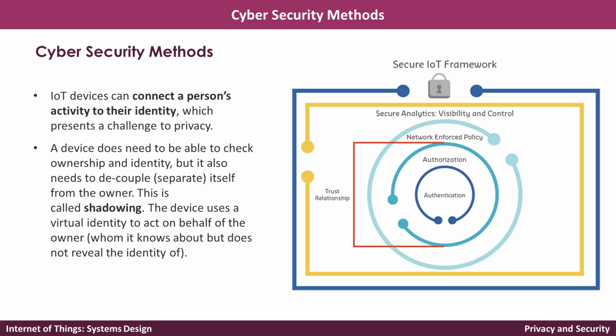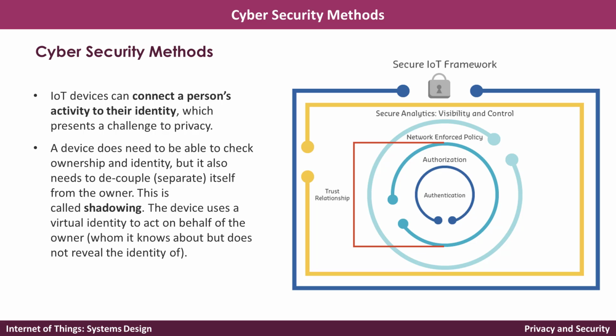In this diagram, we can clearly see the four methods we are going to talk about: authentication, authorization, network enforcement of policies, and then visibility and control. Before we get into the details of each of these methods, it is important to understand that IoT devices do need to have identity, because otherwise we can't trust them.